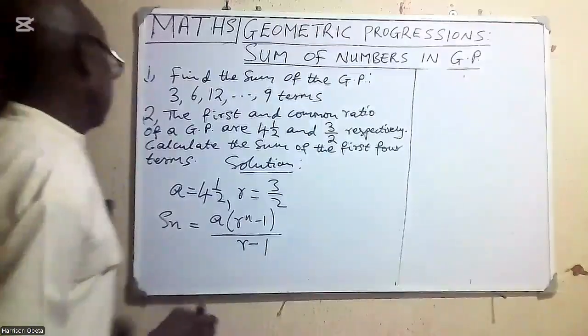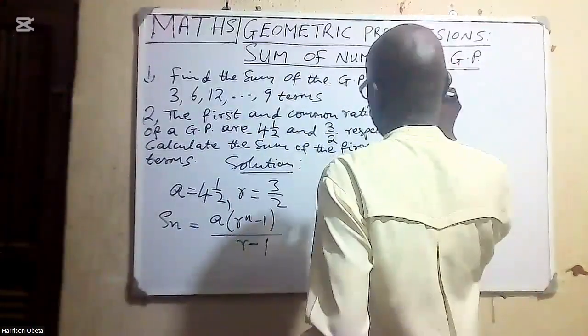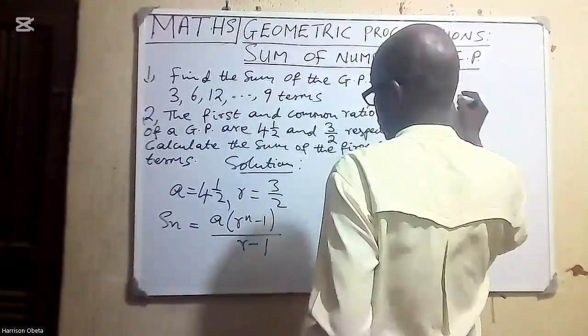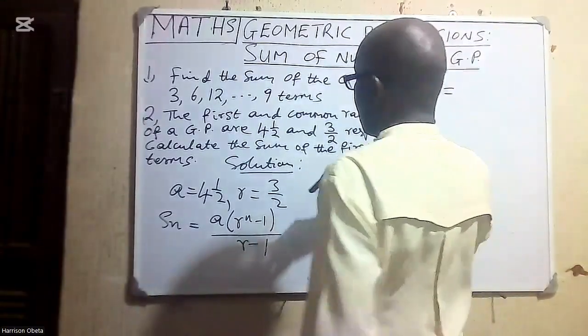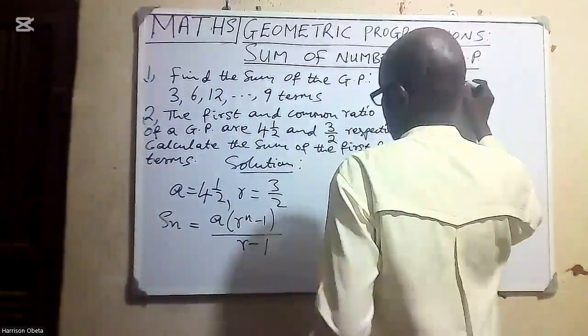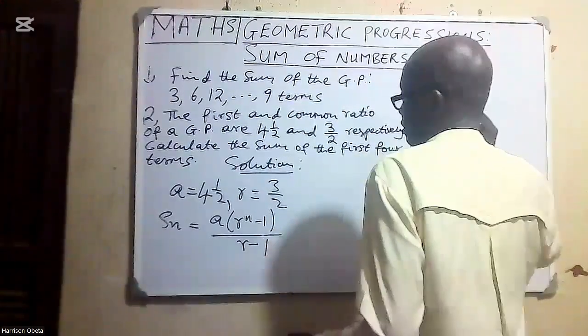And then continuing, we have S4 is equal to our A is 4.5, which you can write as 9/2 brackets.